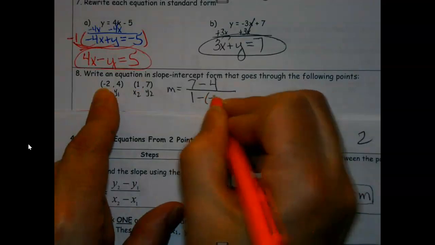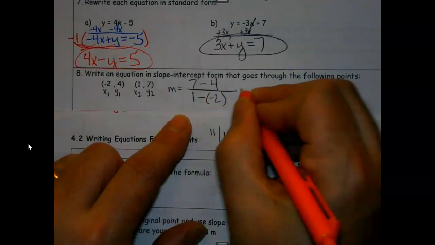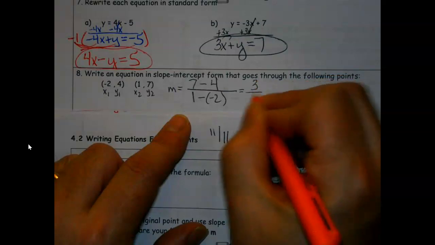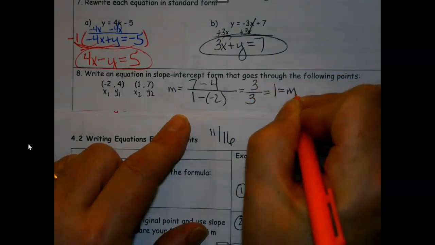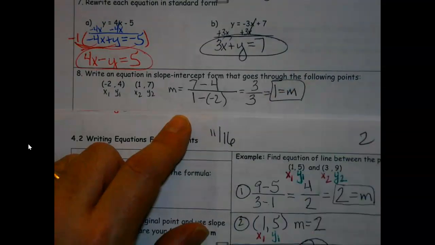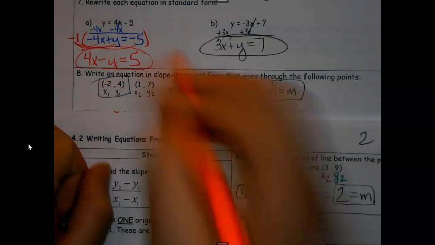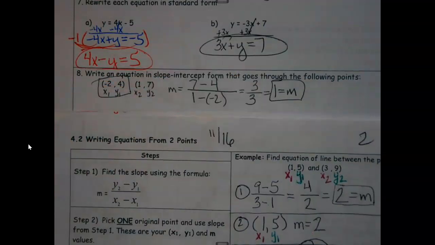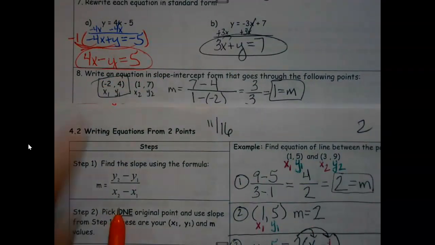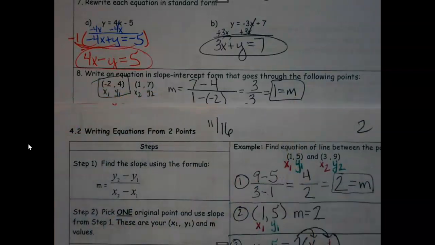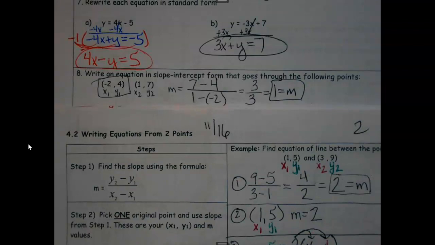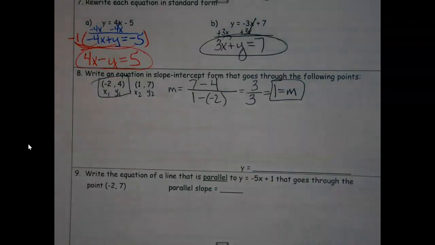But again, minus a negative is going to become plus there. So I got my slope. I got my point to work with, because we're going to pick one of the points. It doesn't matter which one. And your slope, and we're going to plug them in to point slope.